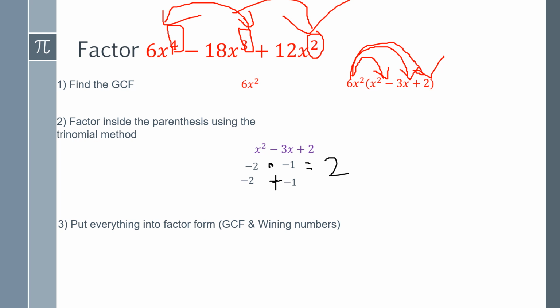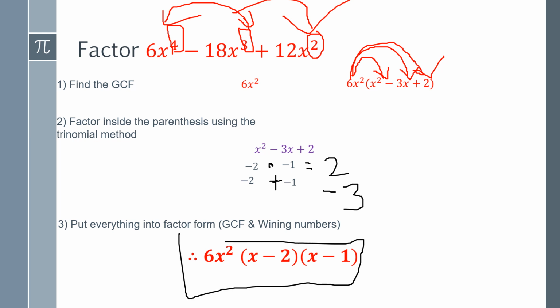And when you add the 2 negatives, it's going to give you a bigger negative number. So you could factor that, now put it in factored form, and this is your answer. So when you take my test, you're going to be expected to do all of this.